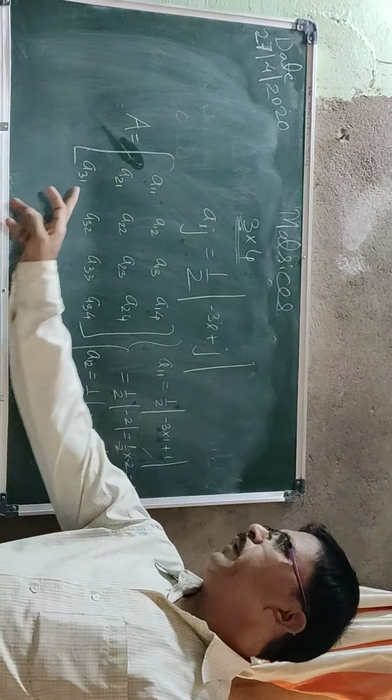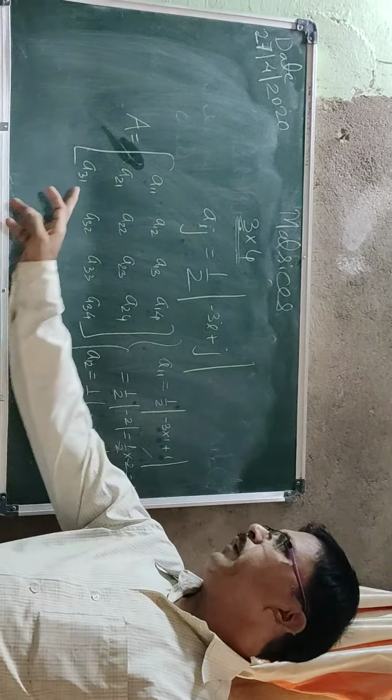It is like this: 0 0 1, 0 1 0, 0 0 0. In this way, how many ways can we represent a matrix of order 3 by 3? There are so many ways. There are two elements, 0 and 1, and 3 by 3 means there are 9 elements.